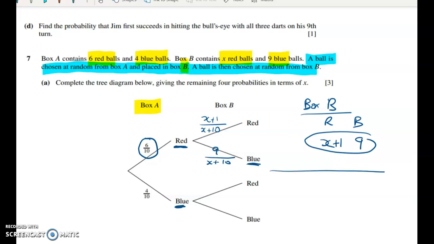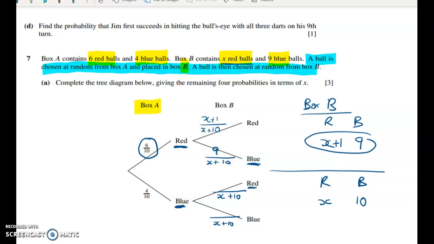But if we chose a blue ball from box A, then in box B, we're going to have how many? Well, box B has got x red balls. It's still going to have x red balls, but it's going to have 10 blue ones. So the total in either case, of course, will be x plus 10.